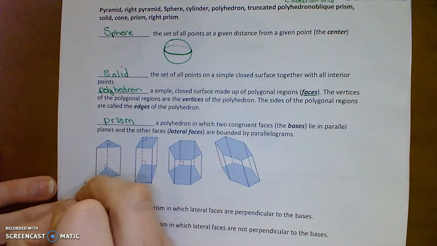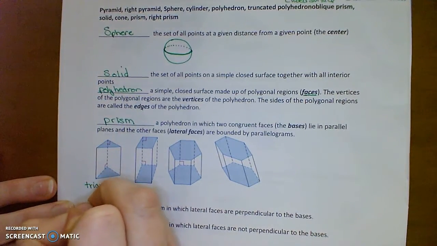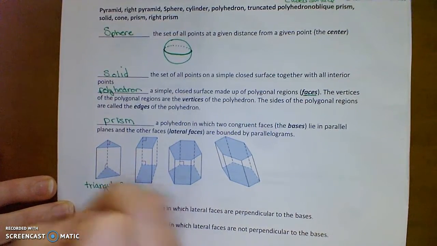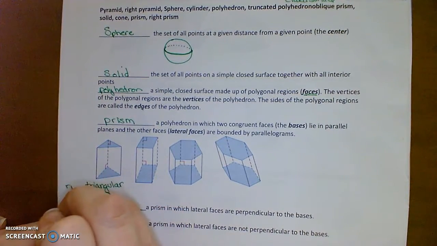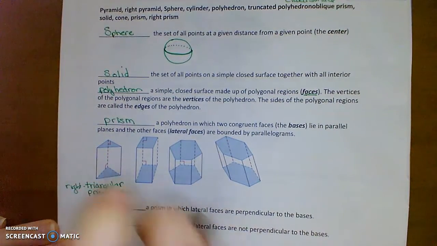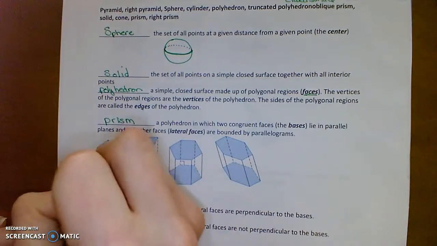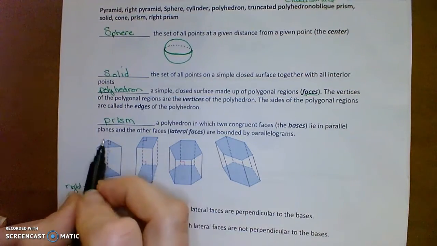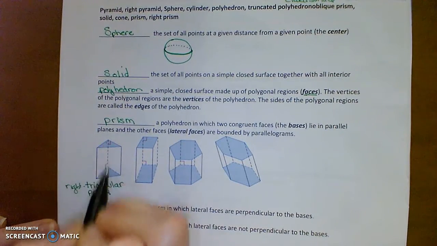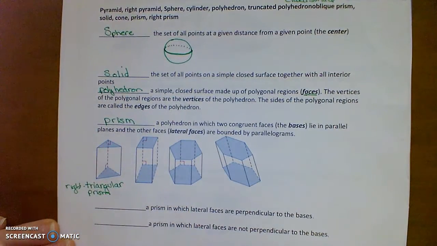So this is a triangular prism, and it's actually a right triangular prism because the lateral faces, these rectangles here, meet the two bases, the triangle bases, in a 90-degree angle.